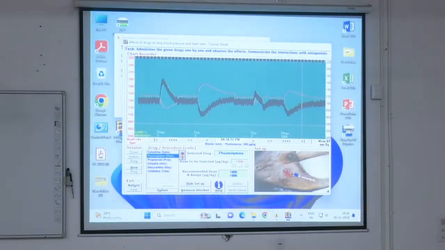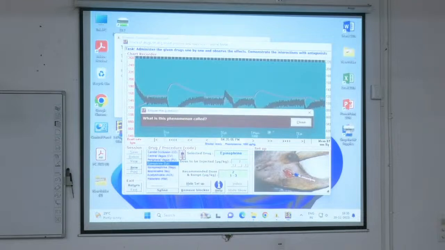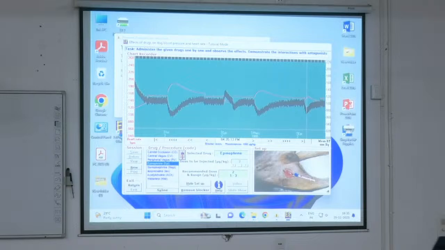Now after some time, what have I administered? Repeating the dose of epinephrine. Now what we can see, is there any rise in blood pressure?